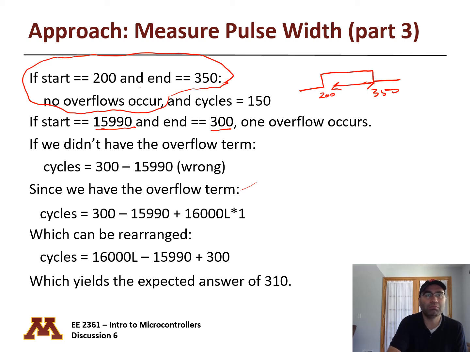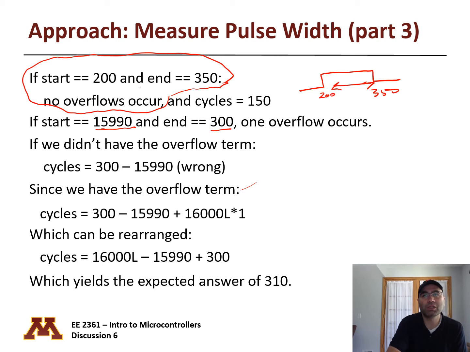Just say the end value minus start value plus overflow times 1. Again, if you rearrange this, it yields the expected answer of 310.